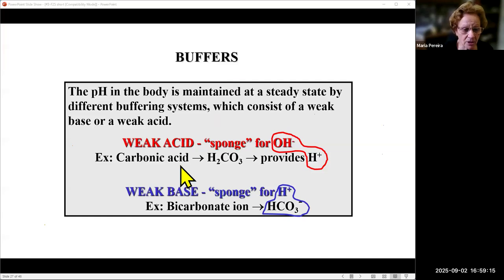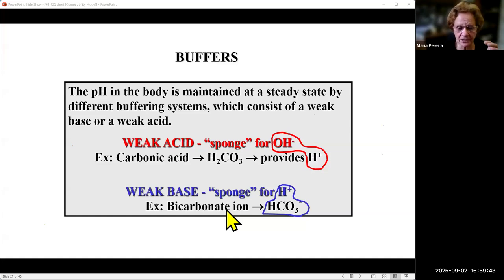So, for example, carbonic acid works with bicarbonate to provide a buffering system to maintain the neutral pH in the blood. So these two molecules, carbonic acid and bicarbonate, work together to maintain the neutral pH in the blood.